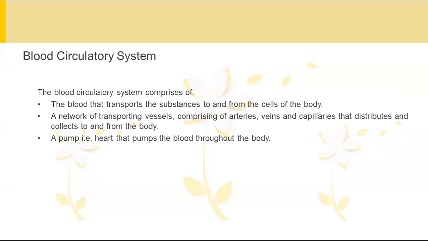Then a network of transporting vessels comprising arteries, veins, and capillaries distributes and collects blood to and from the body. A pump, that is the heart, pumps the blood throughout the body.